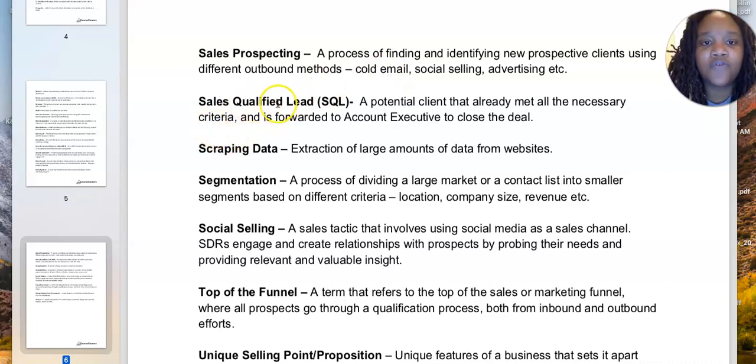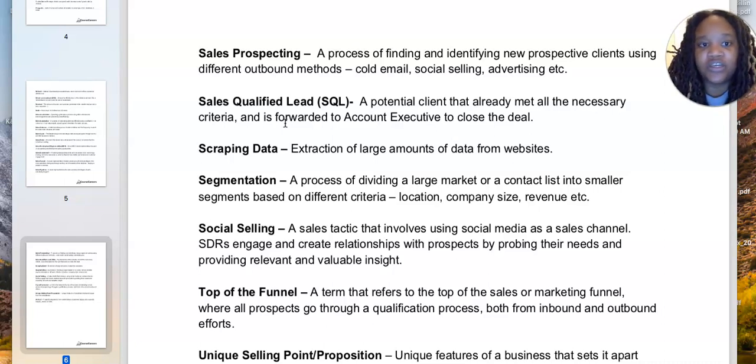Next, we have sales qualified leads, known as SQL, which is a potential client that already met all the necessary criteria and is forwarded to an account executive to close the deal. Depending on what company you work for, for example, the company that I work for, I get a commission based off of the number of leads that I get to have a meeting with an account executive.